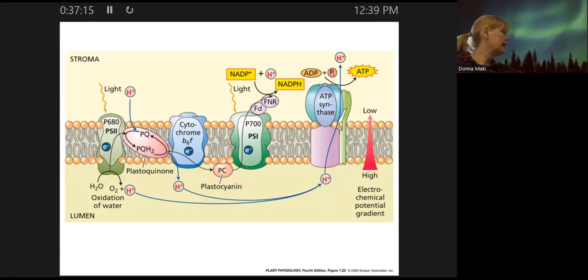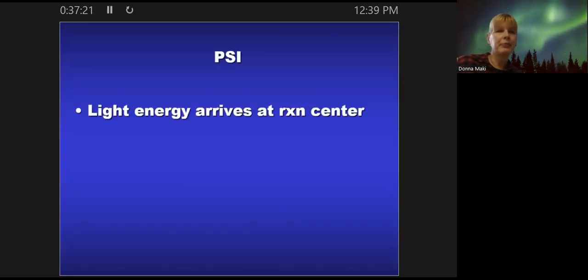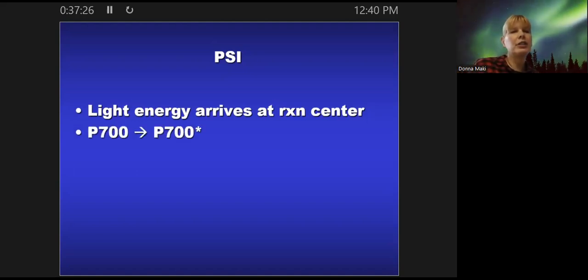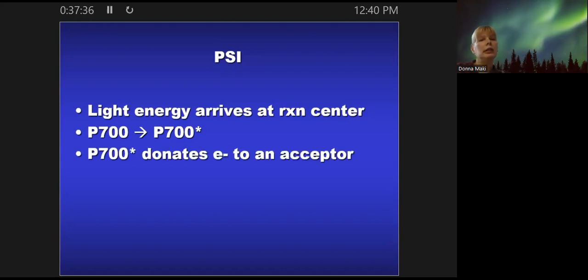Okay, so let's think about plastocyanin. So it's zinging along the lumen portion of the thylakoid membrane. And then photosystem 1 is going to get hit with light energy. That chlorophyll in the reaction center gets excited. So we denote that as P700 asterisk. So that's photosystem 1's chlorophyll.